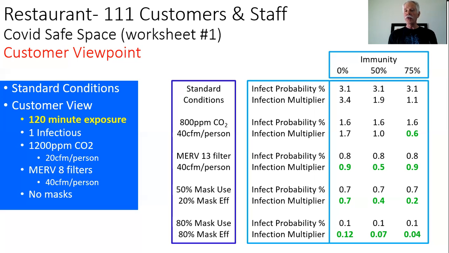An infectious person walks in that space, you have every bit the same amount of risk of getting infected as you did when everyone else around you was also susceptible. Herd immunity, herd protection does not mean in this space you're protected from an infectious person in any different manner. What it does mean is that the infection multiplier is reduced.